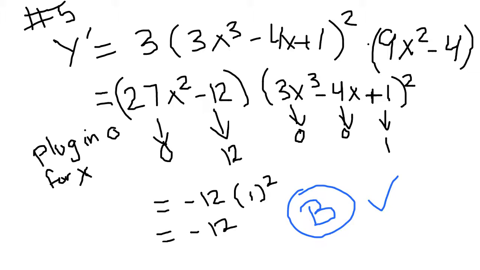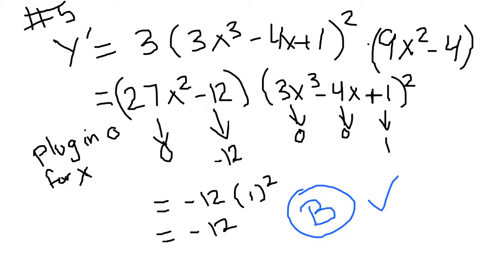Alright, so we end up with negative 12 here, and that's going to be multiplied by 1. 1 squared is just 1. And so that's how we get negative 12, and so the answer is going to be B. I tried to show as much work as I could there.